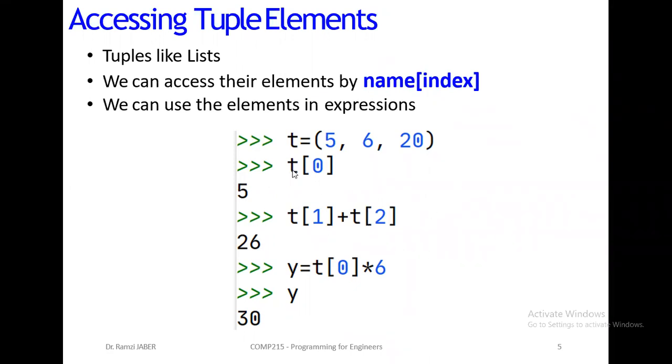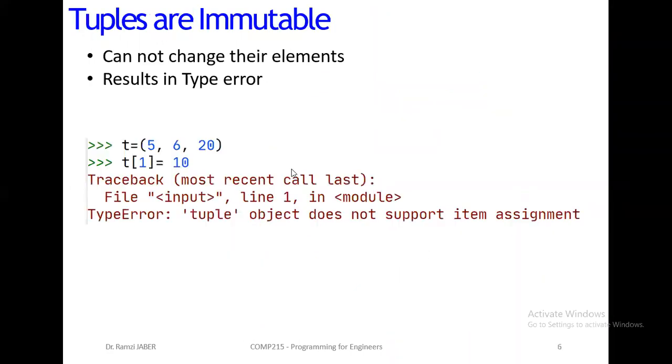No difference here. But we cannot change the element in a tuple. Tuples are immutable. Immutable means we cannot change the element. In a list, we can do it: in a list, you can put l1 equals 10. But here, t1 is 6.